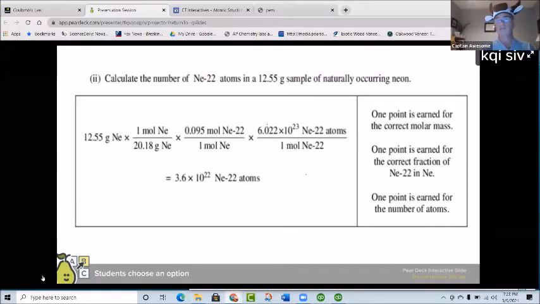And you get 1 point for knowing that it's the correct fraction, that 0.095 moles per 1 mole. You also could have just written times 9.5% in your work, because out of all the neon atoms, neon 22 was 9.5%.